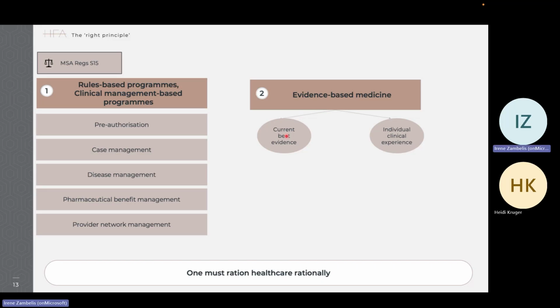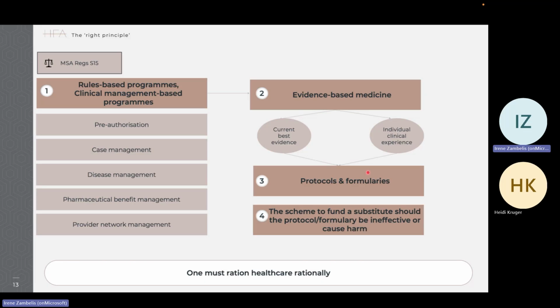However, we know that certain patients may be the exception, and that's why schemes need to allow for a motivation from the treating doctor. And this is all written out in the regulations. This is law. So even though one uses the current best evidence that looks at your treatment plans, and we know formularies are drug lists, what drugs will be paid or won't be paid for certain conditions.